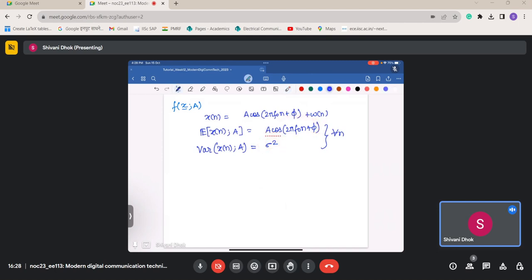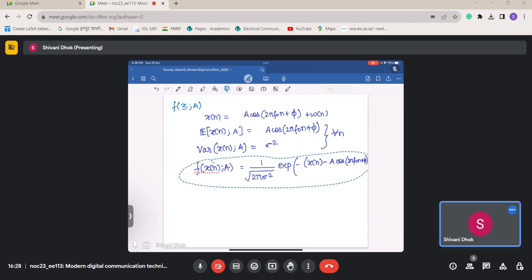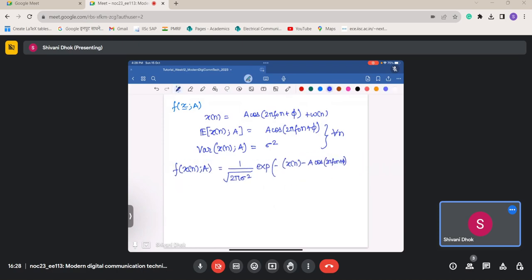Now your f of xn given A will be 1 upon the square root of 2 pi sigma square, times e to the power minus (xn minus this mean, that is A cos(2 pi f naught n plus phi)) square upon 2 sigma square.